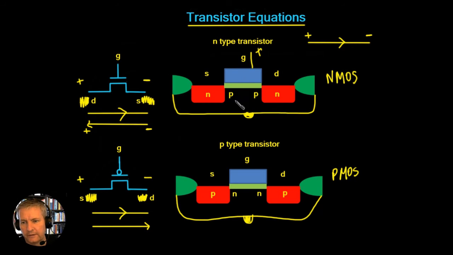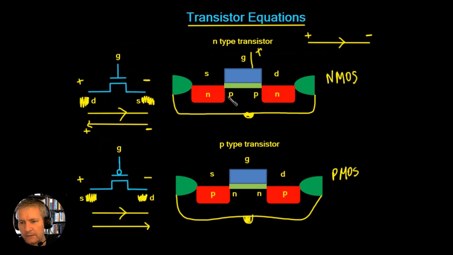So we've said that this electric field that's generated between the gate and the bulk is in this direction, so from positive to negative. So it attracts the electrons up into the area just beneath the oxide layer here. Now as it attracts electrons, it expels the holes, and eventually you're going to be left with a whole load of negative ions just underneath this oxide layer, and this is going to cause our inversion.